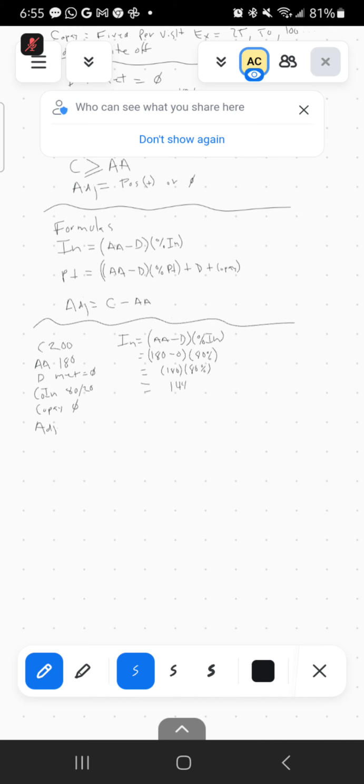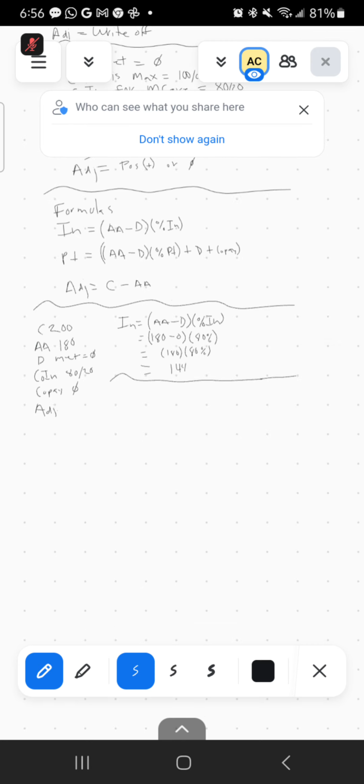So 144. That means that the insurance pays $144 of the whole bill. Okay. So let's see how much the patient has to pay. Well, the patient is going to pay the difference technically because there's no co-payment and there's no deductible. But you don't know that because you didn't do the insurance part.